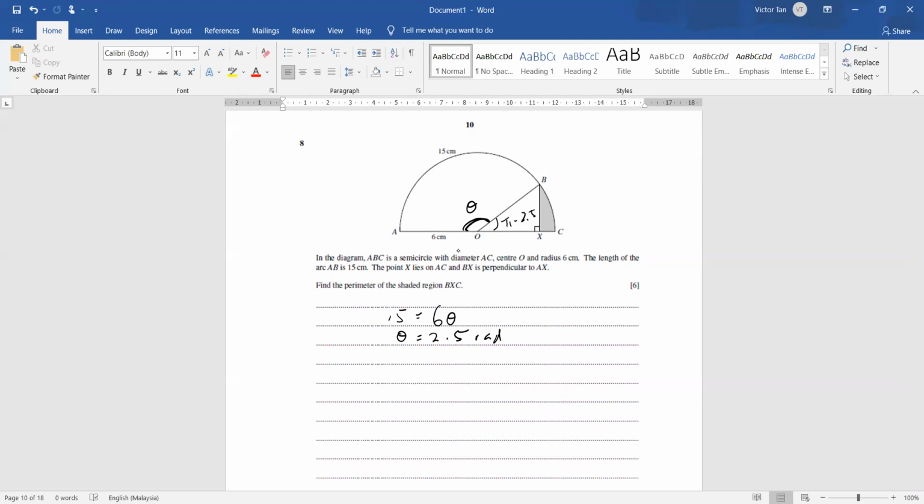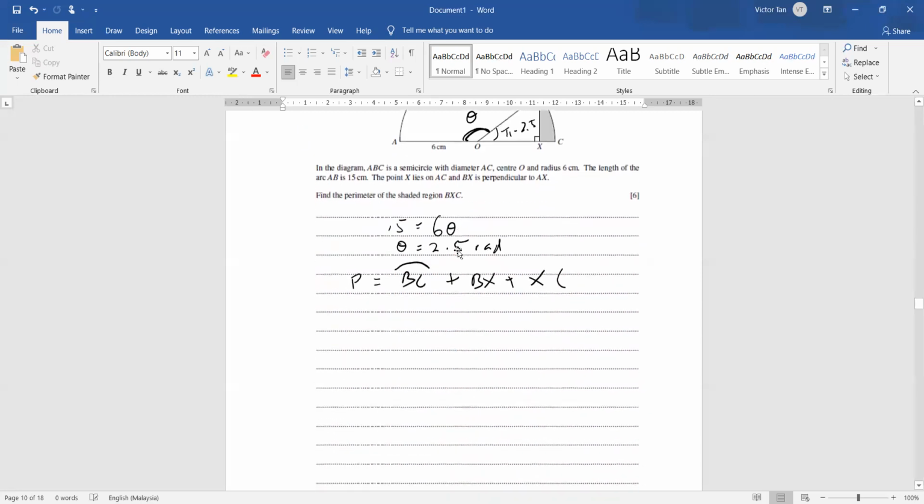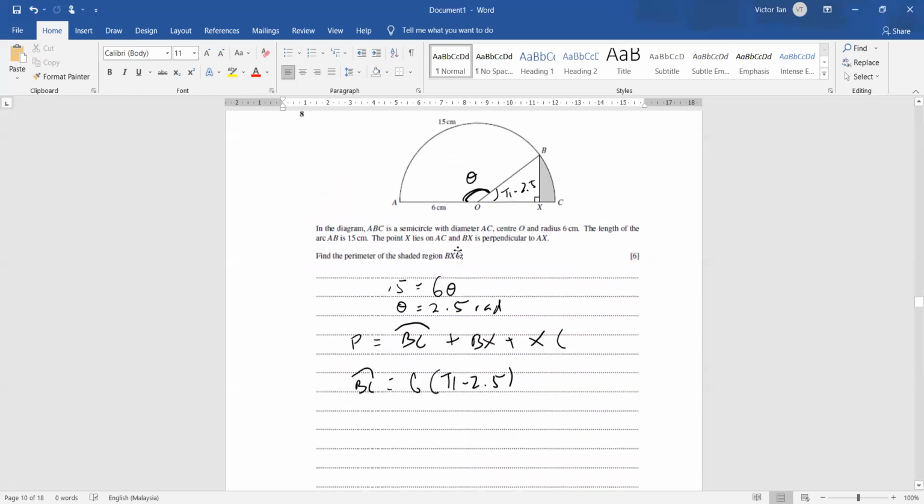So the perimeter is the arc length BC plus BX plus XC. So what is BC? It equals 6 times pi minus 2.5. Let's leave it as it is first.